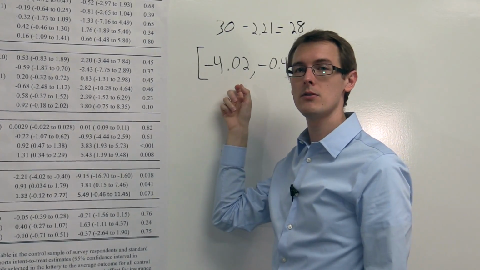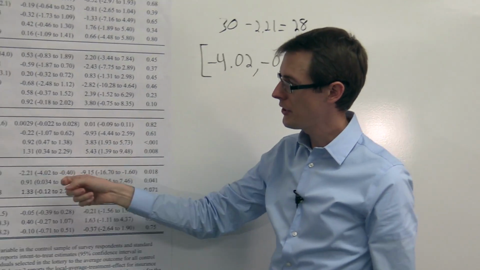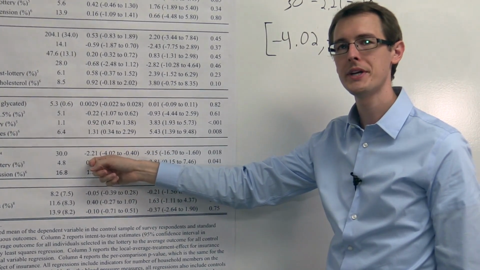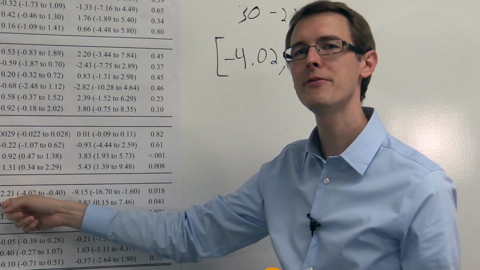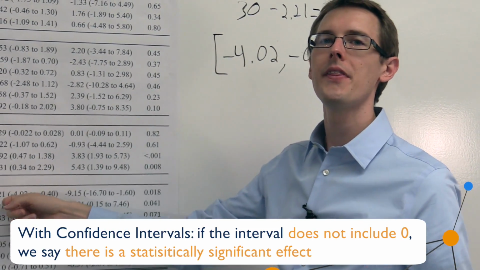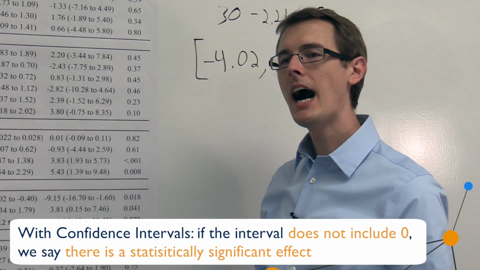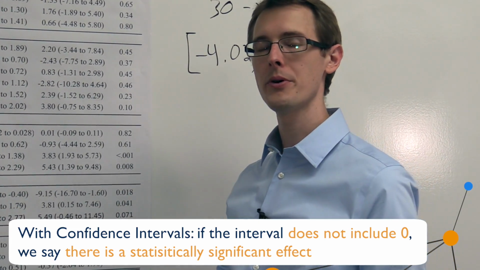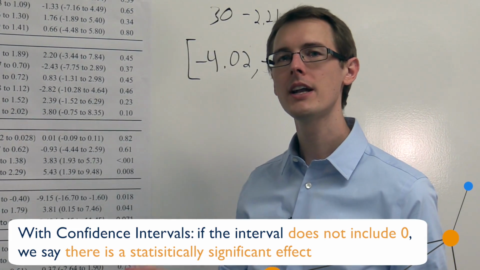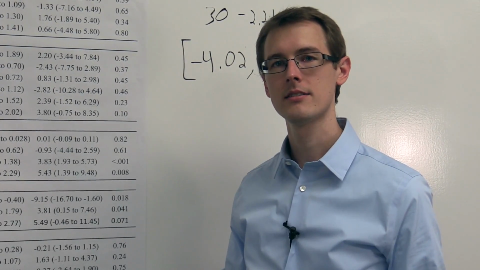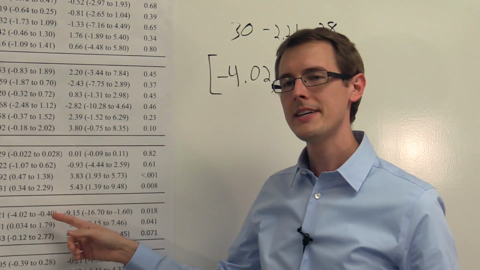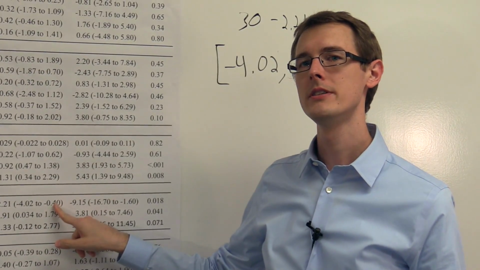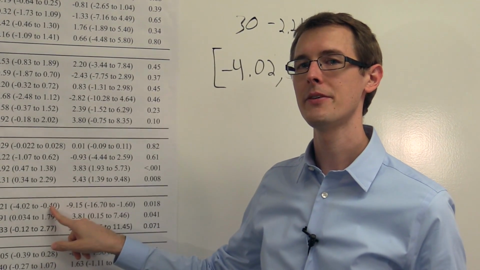If 0 is not in the interval, you conclude that your estimate of the average treatment effect, minus 2.21, is a statistically significant effect. That means that it's not due to the particular people who happen to be put into your sample in the experiment. It's really a true causal effect.